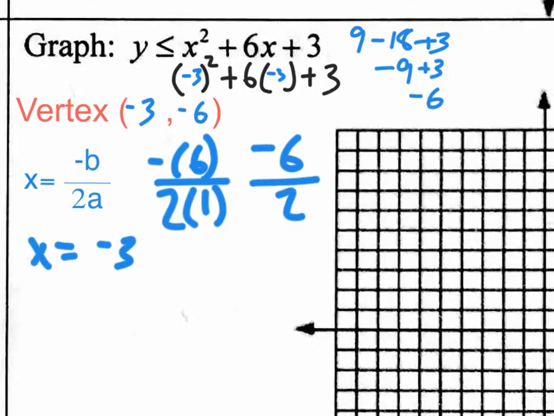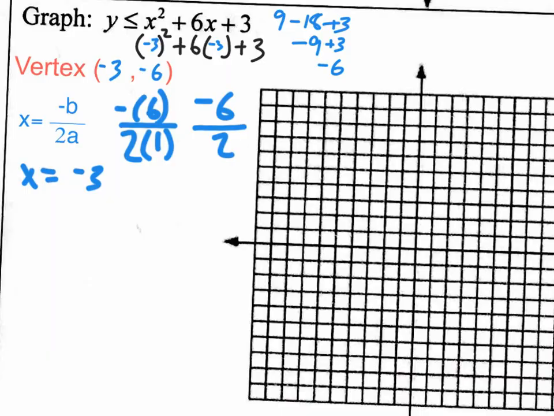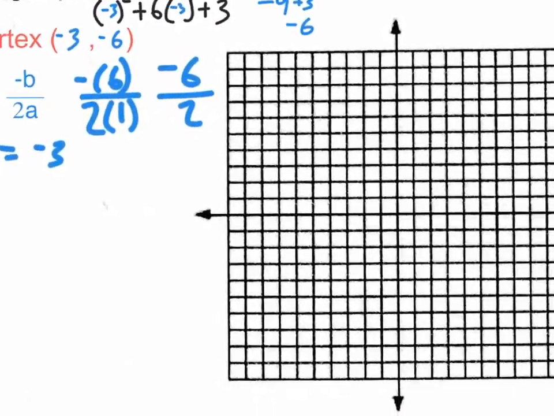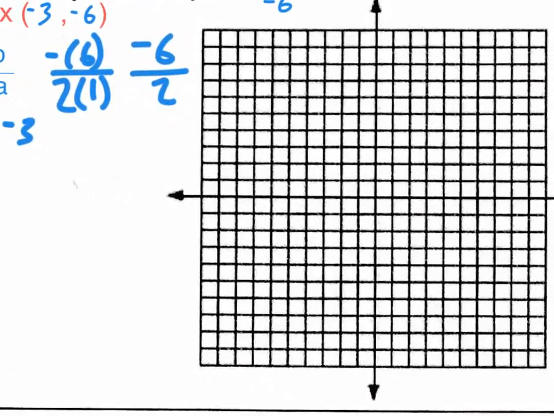Let's go to that point on the graph. Negative 3, negative 6. Let me go with the pointer. We go negative 1, 2, 3, and negative 1, 2, 3, 4, 5, 6. So right there is where I need to put my dot.